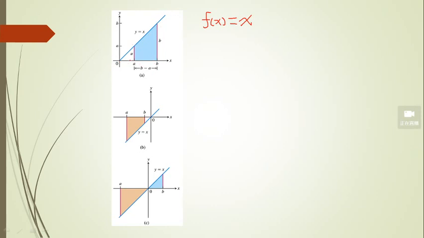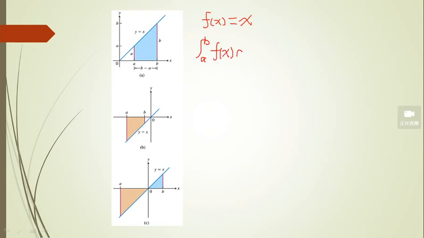And then the area of the region S is the area under the straight line, the function f(x) equals x from a to b, right? So it's the same. We can represent this one as a definite integral from a to b, lower to upper limit, of f(x) dx.